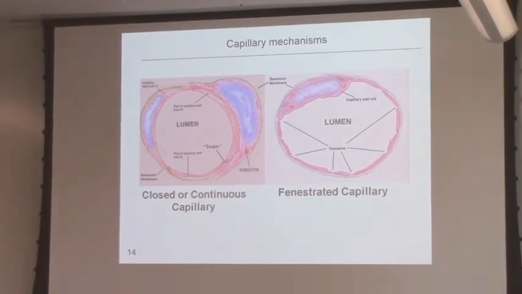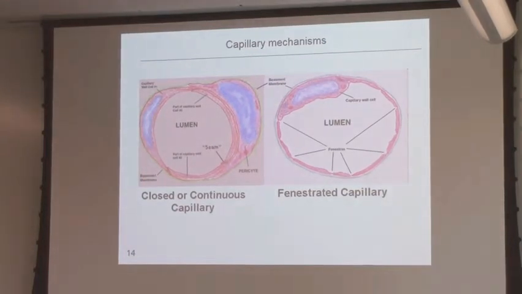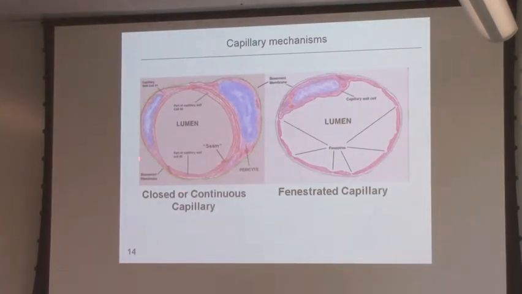This will not be on the exam. This is just for your information, knowing that some capillaries are tight and some capillaries are leaky. Fenestrated. Those of you who know French might know the French word for window, I forget how to pronounce it. Anybody know French?